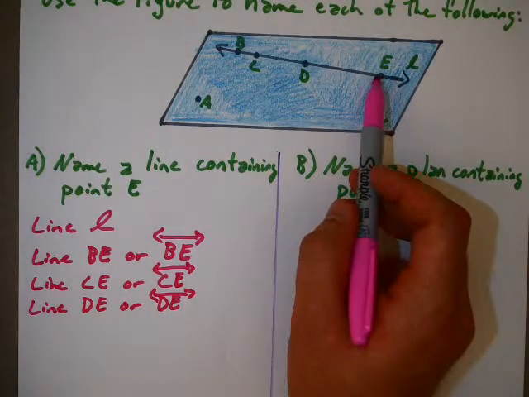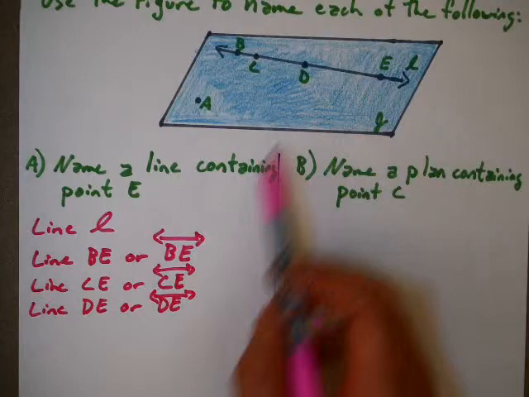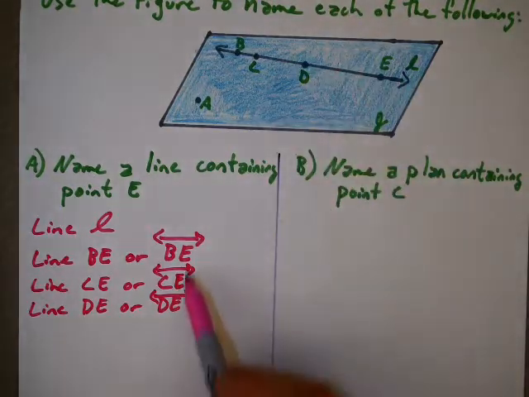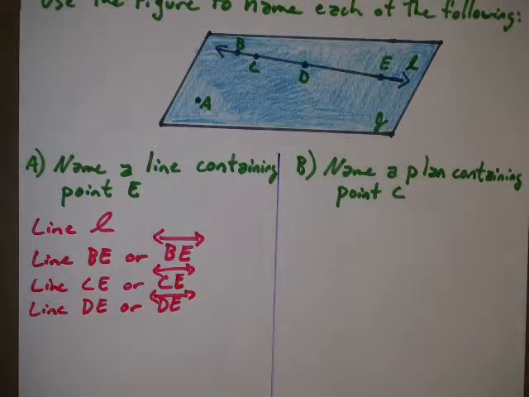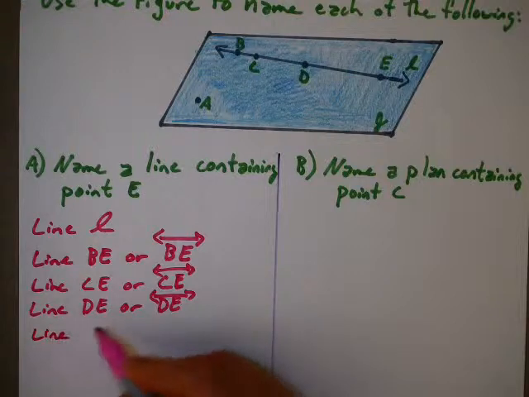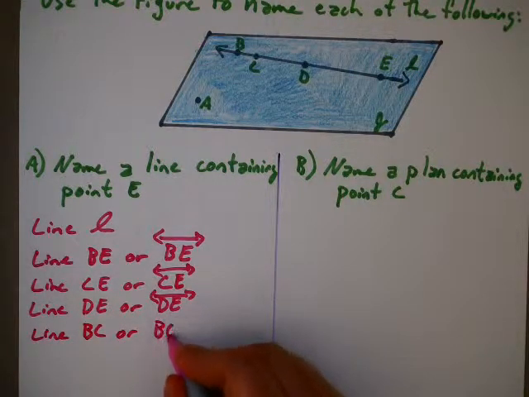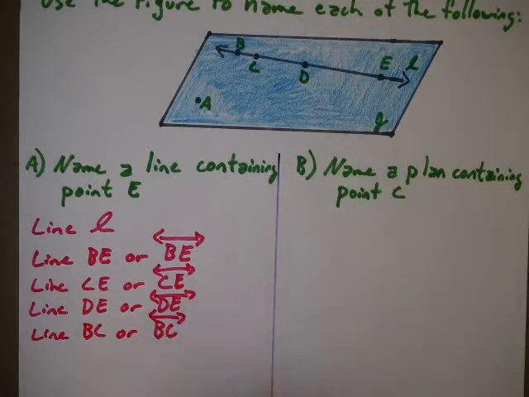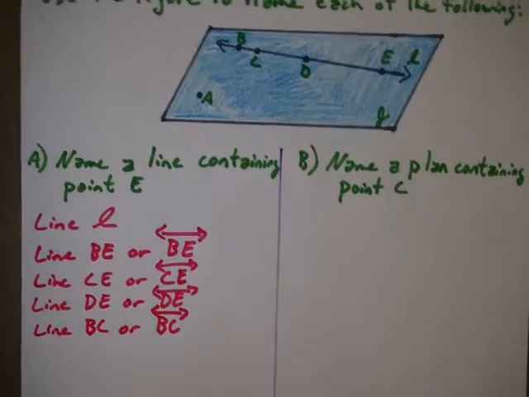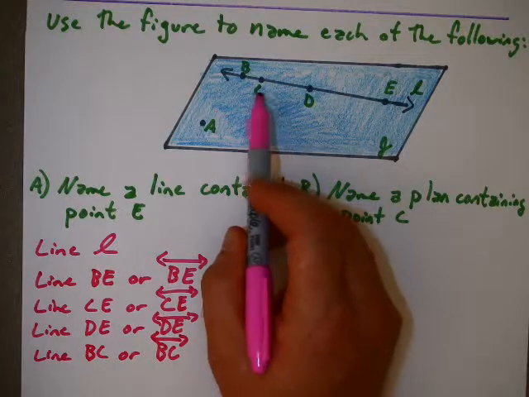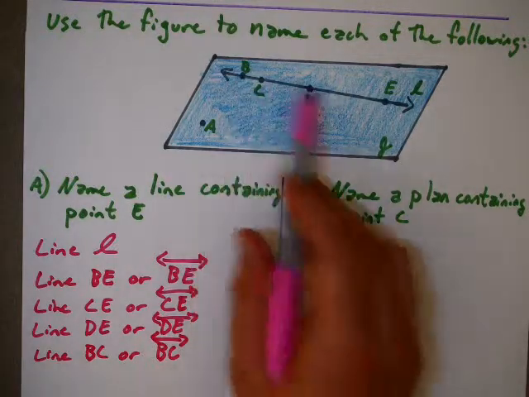But that is not the only way. Just because E is on the line that we're looking for doesn't mean you have to have E in your answer. You could also name this line BC. Or we could go with BD.